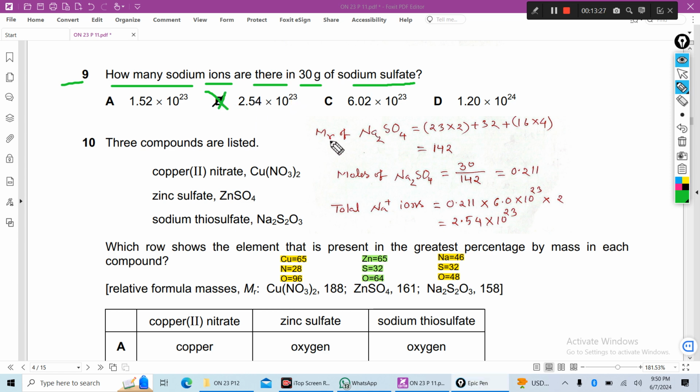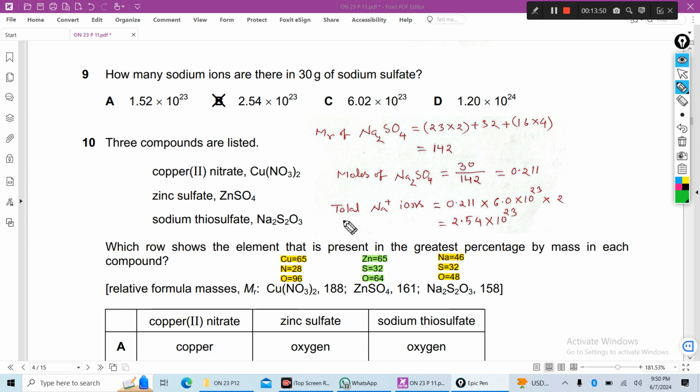How? Sodium sulfate. Relative molar mass of sodium sulfate: sodium 23 times 2, sulfur 32, oxygen 16 times 4, 142. At first you will find the moles of sodium sulfate, mass divided by relative molar mass, 0.211.